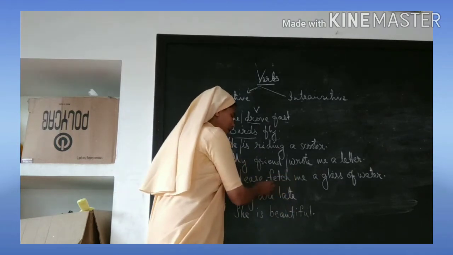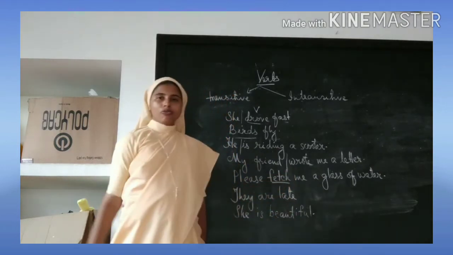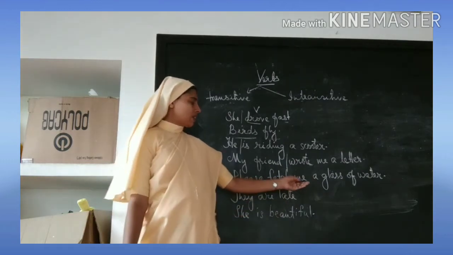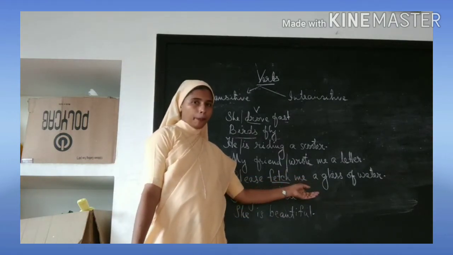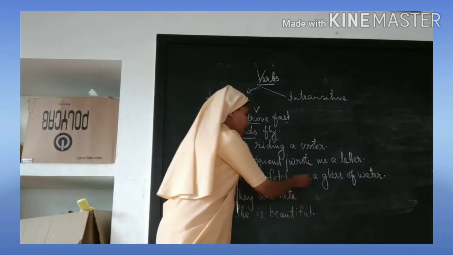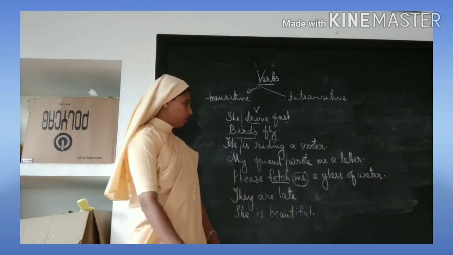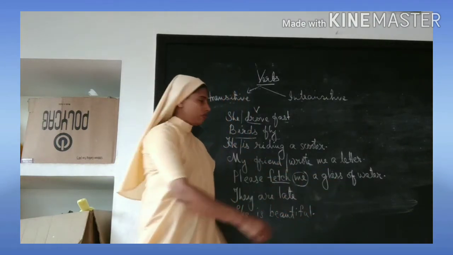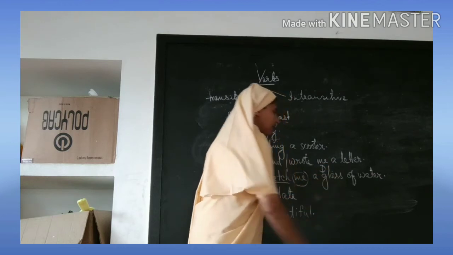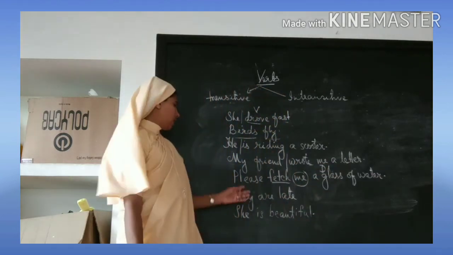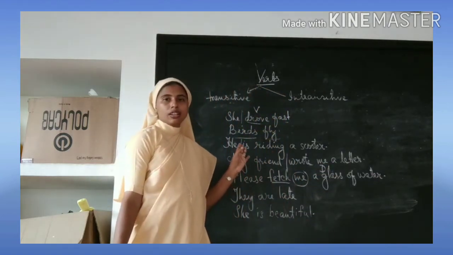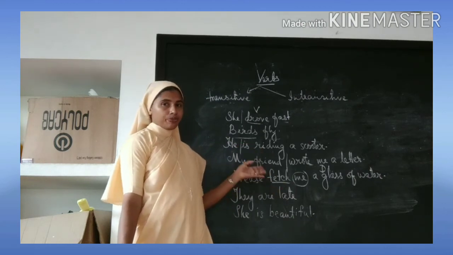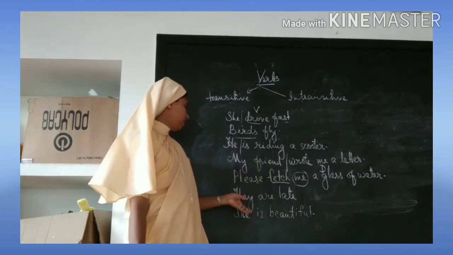Fetch is the verb, and this is the object. Fetch whom? Me answers the question whom. That is the indirect object. A glass of water is the direct object because it answers the question what. So fetch is a transitive verb.